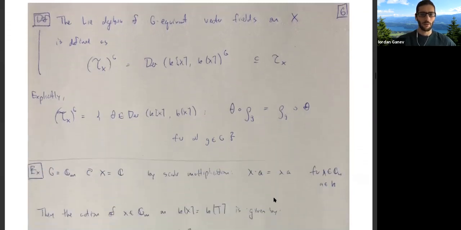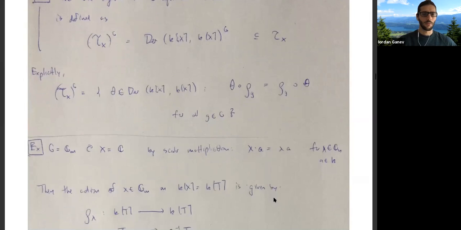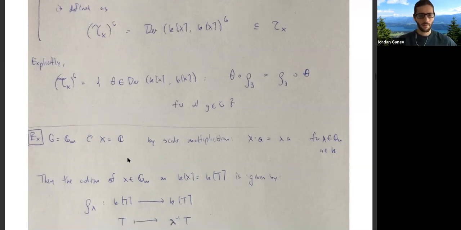And as an example, probably one of the simplest actions is G_m, the multiplicative group, acting on K, the one-dimensional vector space, by scalar multiplication. So this is a very easy action.